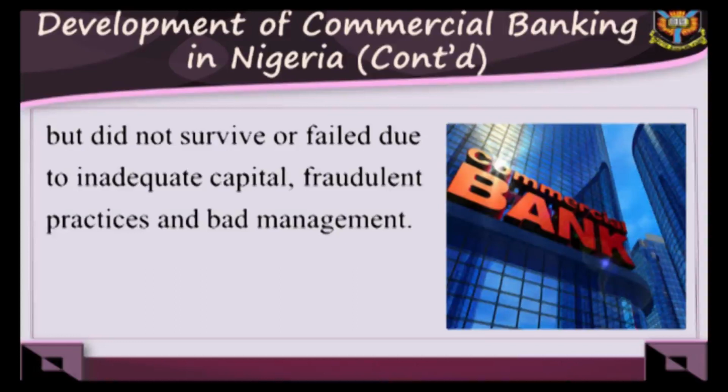There were increases in the level of economic activities and high export prices after World War II, which led to the development of 4 indigenous banks between May 1945 and January 1947. Only 2 of these banks were able to survive, and they were African Continental Bank and the Agbomabe Bank, now known as Wema Bank.